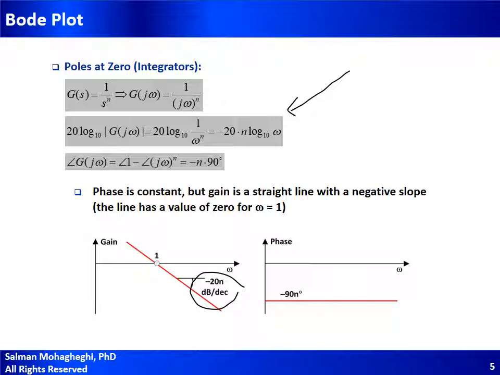J omega is a purely imaginary value. So angle of j omega is going to be 90 degrees. If I have n of those, it's going to be negative 90 times n. You can see that in this situation, the phase angle is actually different from what we have seen before in first order and second order systems. The phase is basically going to be constant at negative 90 times n degrees.